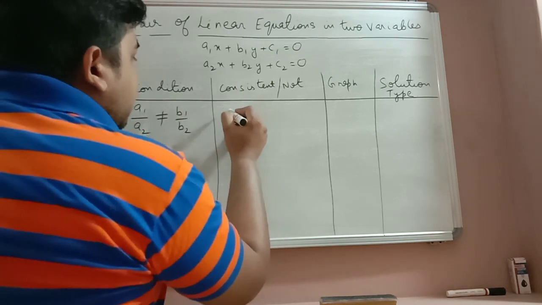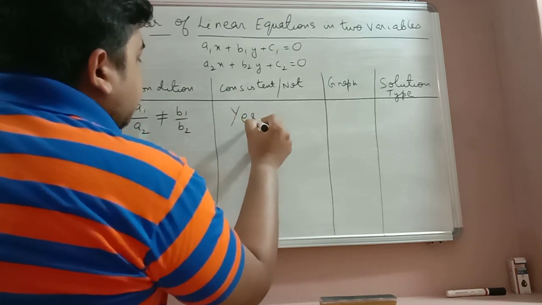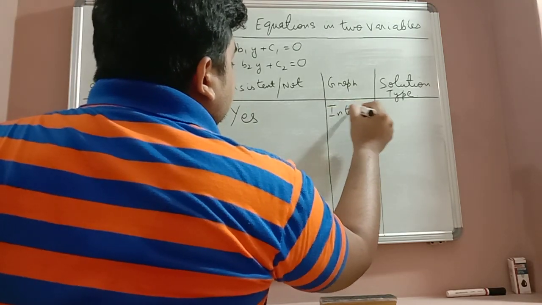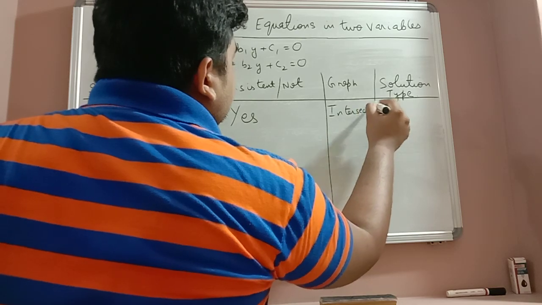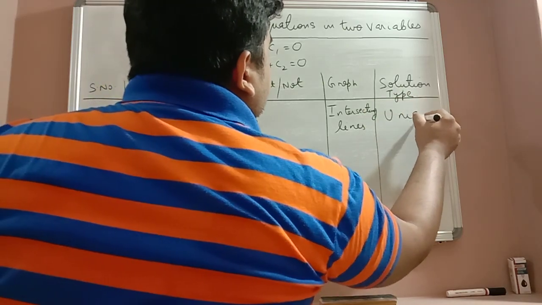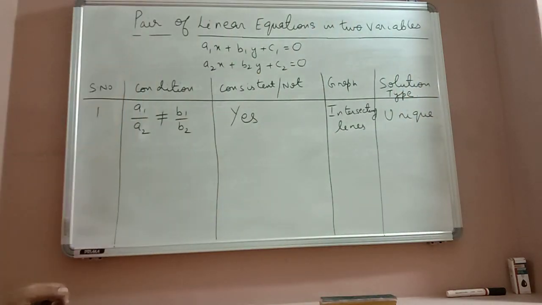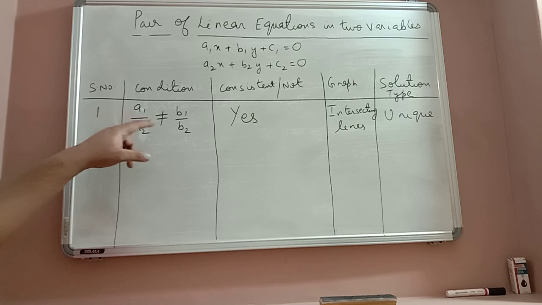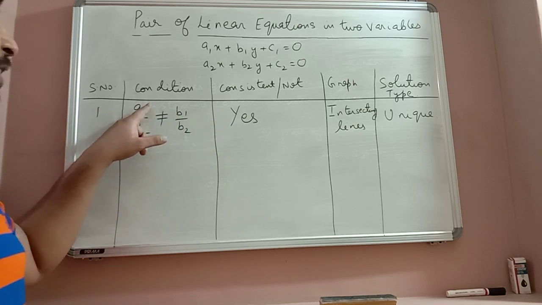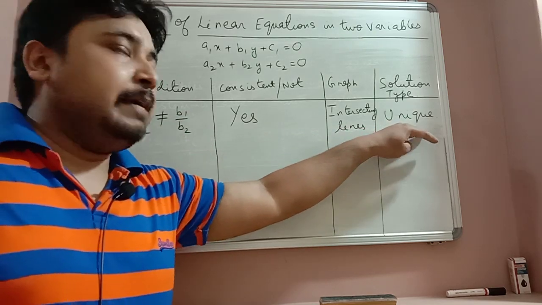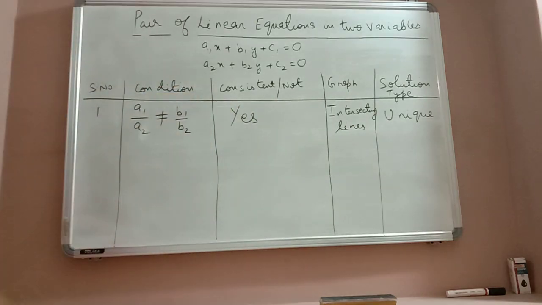In that case, the system is consistent because there is a solution. The graphs are intersecting lines, and the solution type is unique. So there exists only one solution under such a condition.